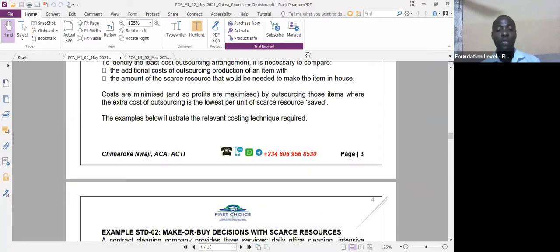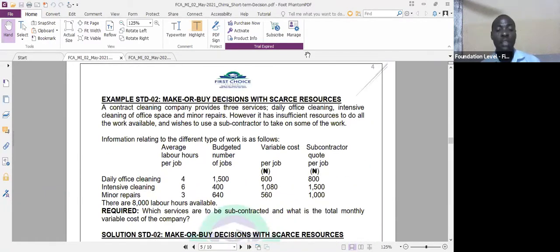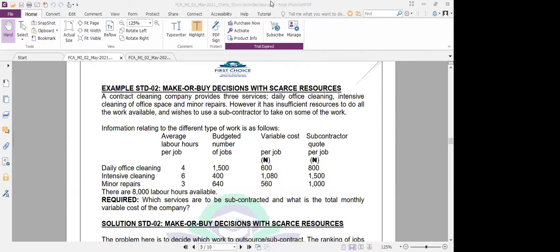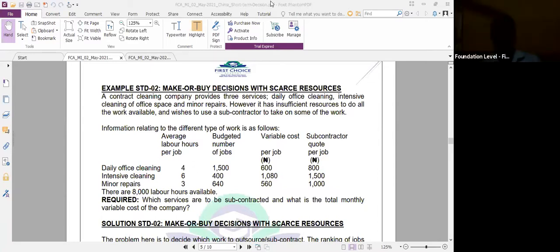All right, so let's look at example 2 and see how example 2 helps us to understand this topic. A contract cleaning company provides 3 services. Now, these 3 services are daily office cleaning, then the second one, intensive cleaning of office space, and 3, minor repairs.